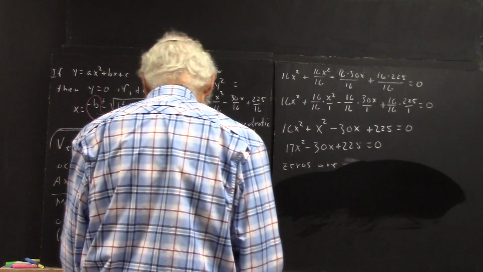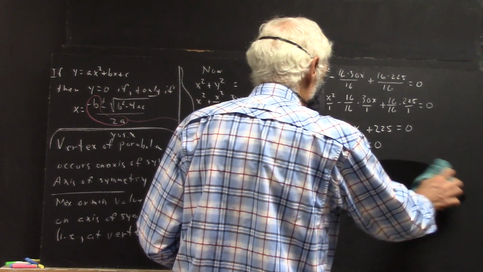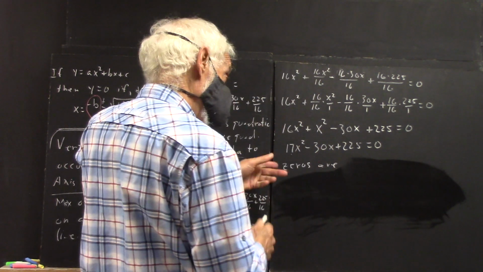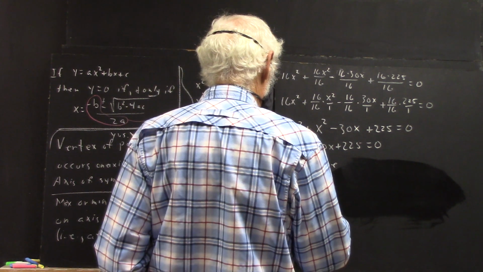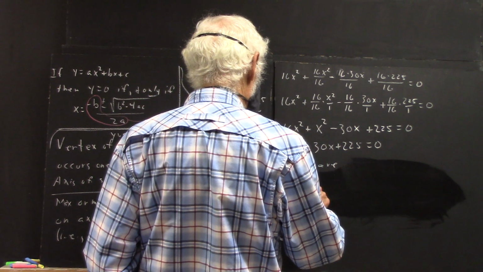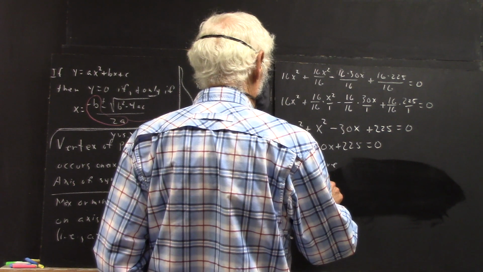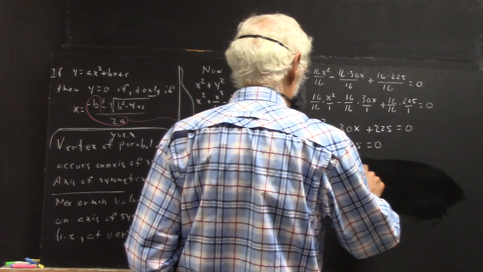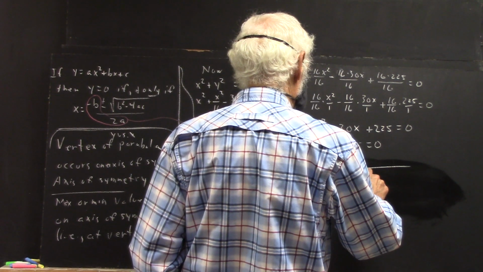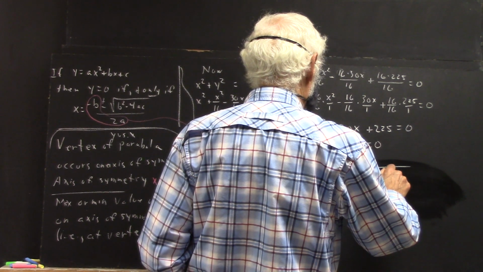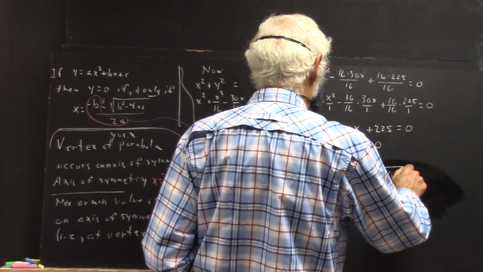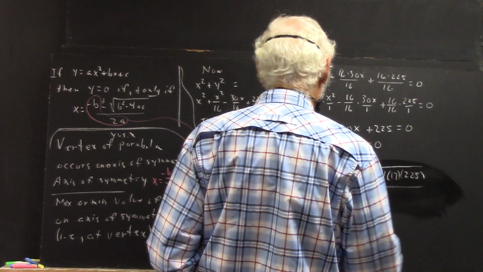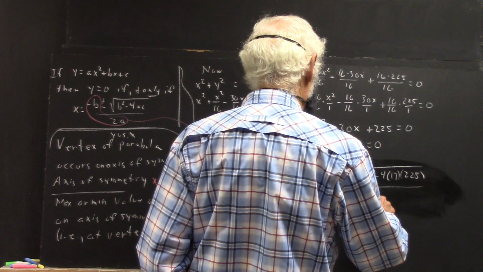I was totally wrong, but we can plug it into the quadratic formula and you can verify. But b is negative 30, not 17. I didn't catch my error until I started dividing by the 2a. We get negative of negative 30 plus or minus the square root of negative 30 squared minus 4 times 17 times 225. All that divided by 2 times 17.